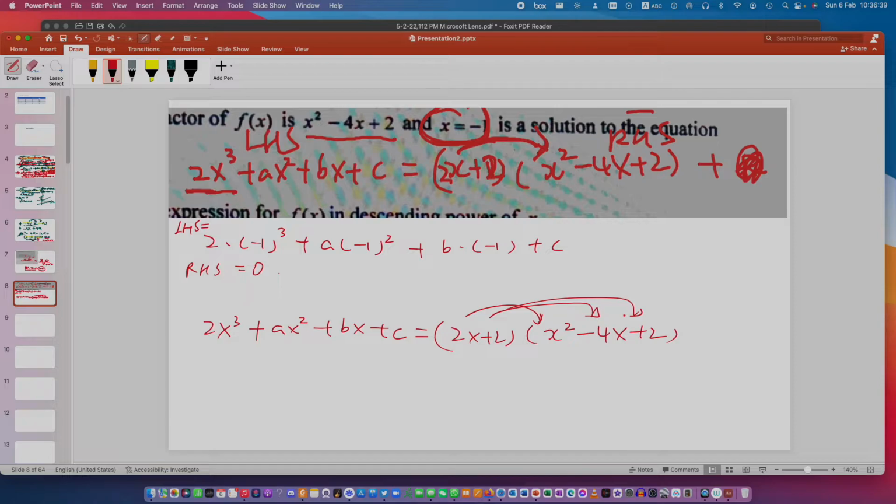It says when this is a solution, you already assume this is the factor. So this is a correct factor, so your remainder is definitely 0. Then you just compare.